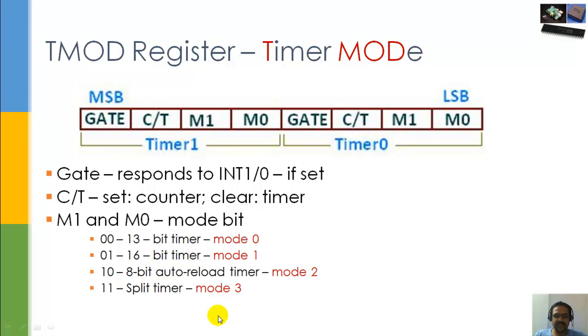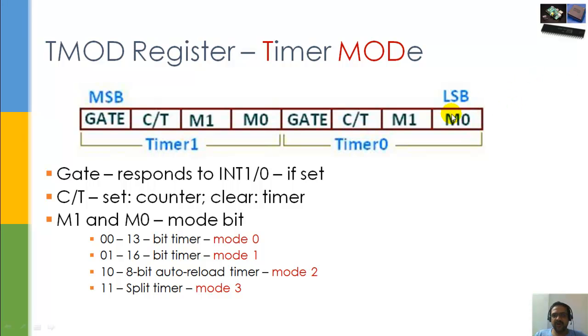If you look at the definitions here, if you program it as mode 0, that is write 0 and 0 here, it will act in a 13-bit timer mode. That is, the maximum count or the maximum timer value it can go to is 2 power 13.